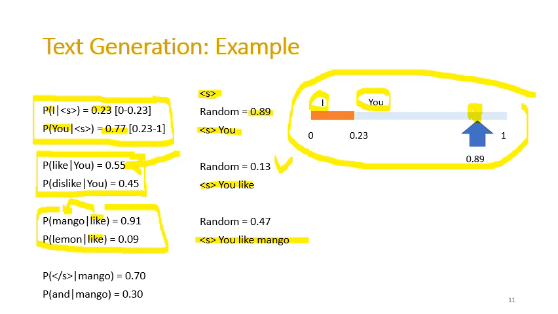Then the word mango can be followed by the end of the sentence with a pretty high probability. We throw a random number, 0.25, and hey, we get the end of sentence symbol, so now the sentence is complete. If not, you just keep going until you get the end of sentence symbol. So that's how you generate text.